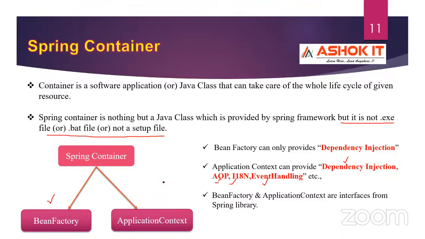Bean Factory and application context are nothing but interfaces from the Spring library. Bean Factory is a parent interface and the application context is the child interface. Clear, everybody? This is the information about containers, guys.